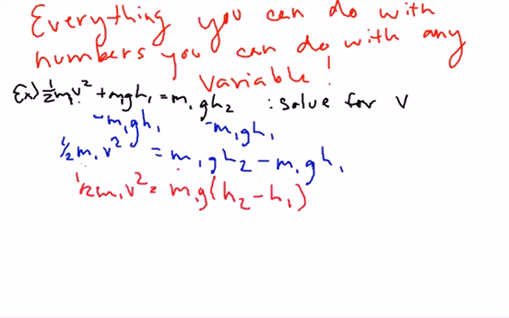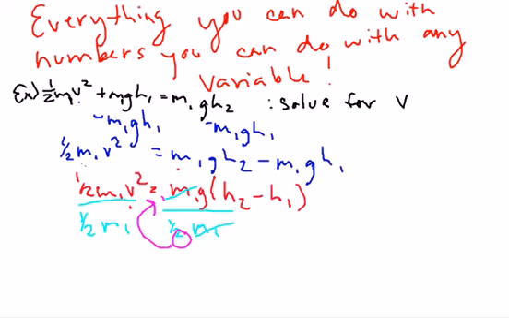Now again you want to start getting things away from this v2, so you can divide by everything else, in this case 1/2 m1. Notice you have the m1 on the top and the bottom. You can cancel it. Then you essentially have a 1 over a 1 over a 2.